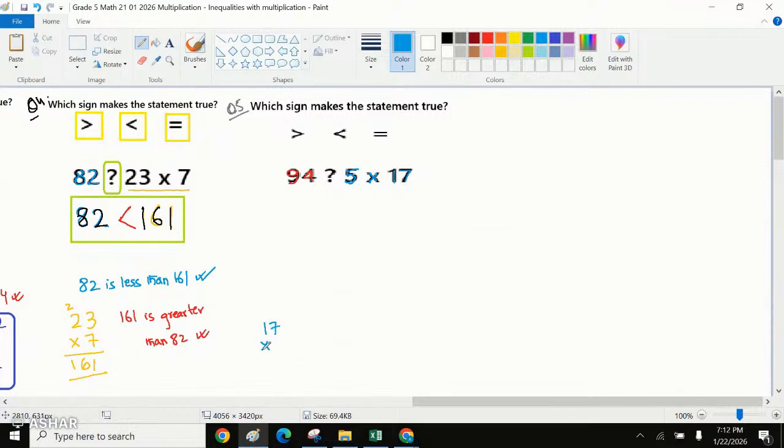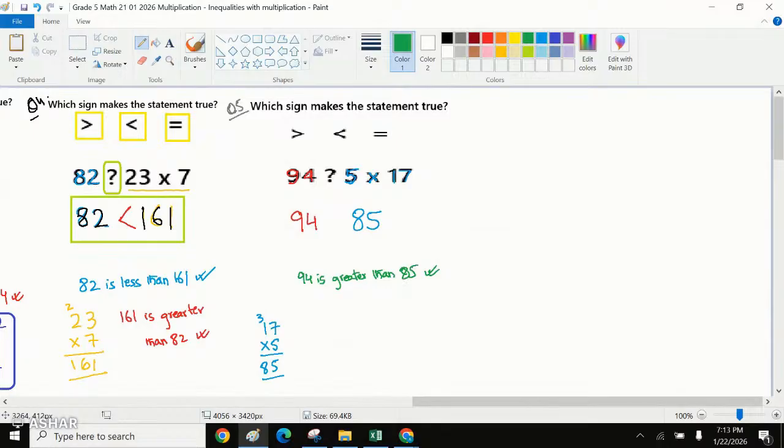17 multiplied by 5. 5 times 7 is 35. We put the 3. 5 times 1 is 5, plus 3 is 8. So this comes as 85, and the other part is 94. If I write the statement that 94 is greater than 85, is it a true statement?